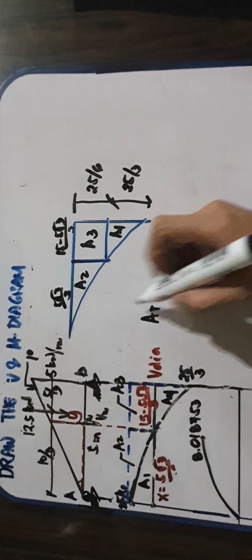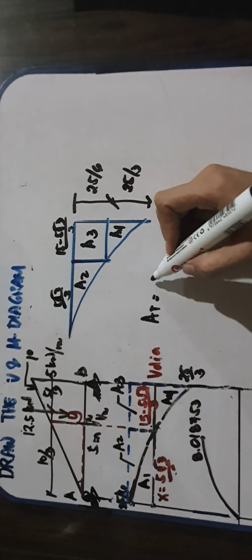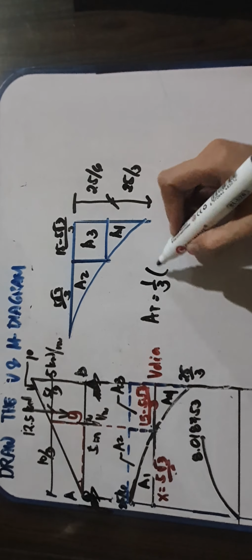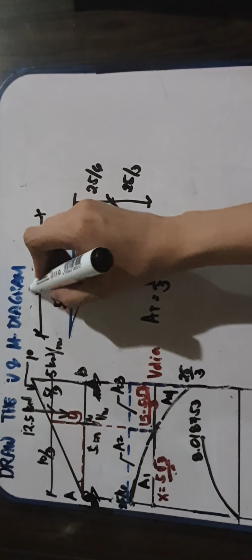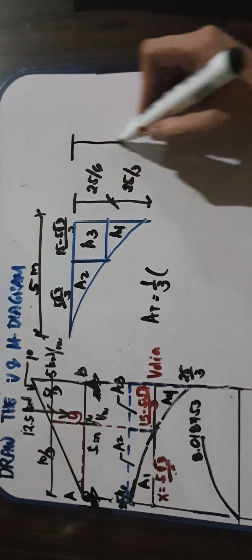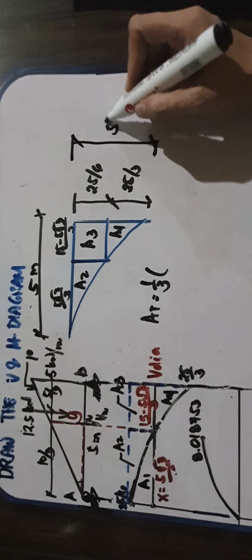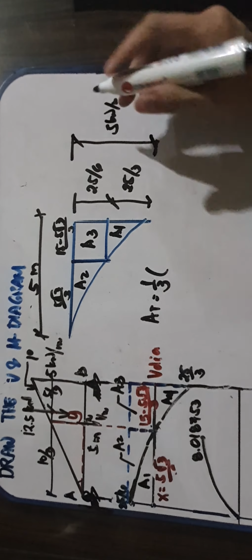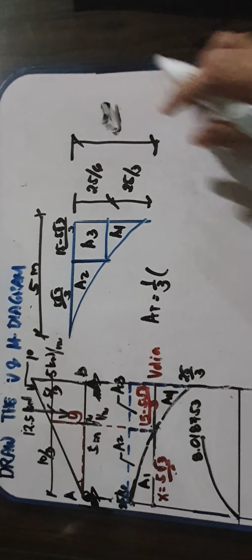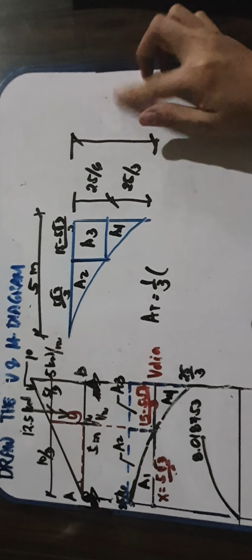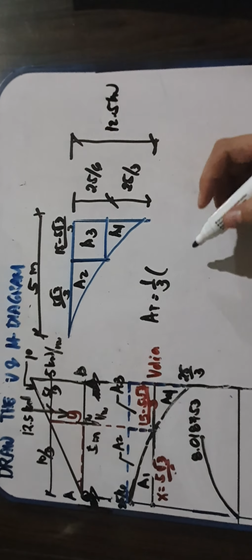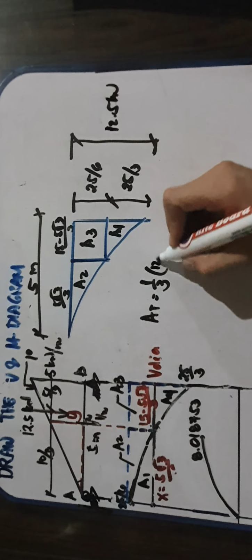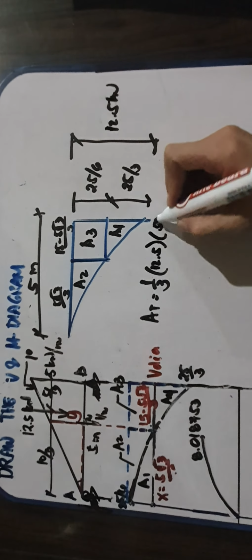So, para malaman yung area total nito, we have 1/3 times base, which is, itong total nito is 5 meters, sorry. And then, kapag pinag-add mo yan, we have 5 kilonewton meter. Or roughly, that is 12.5. Yun yung gagawin natin. Kasi resultant tayo. Okay? 12.5 kilonewton. So, we have 1/3 ng 12.5 multiplied by 5.